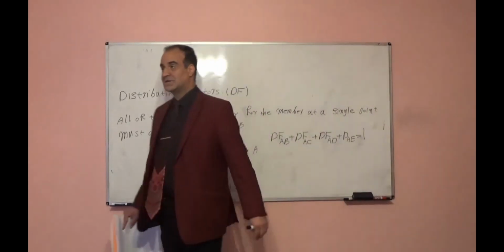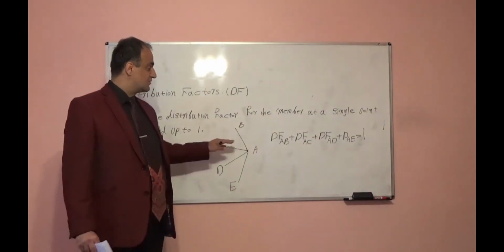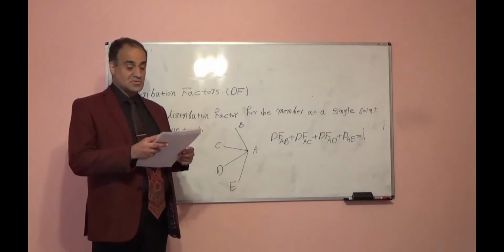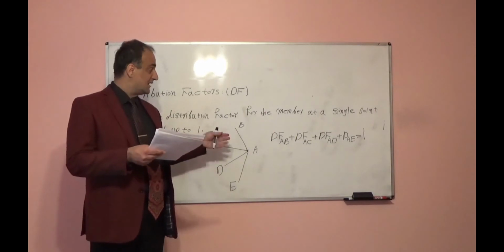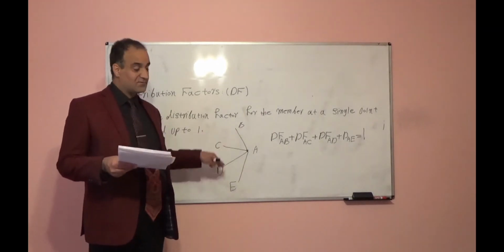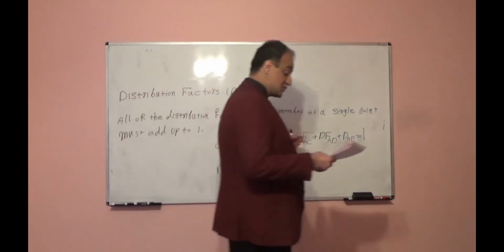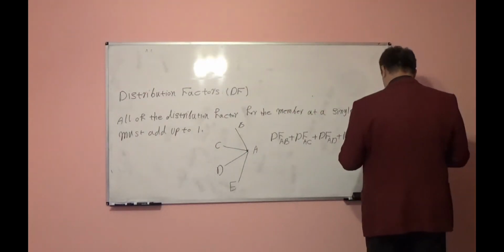This is the way you can double check whether you calculated these distribution factors right or wrong. So the summation of all distribution factors should be equal to 1.